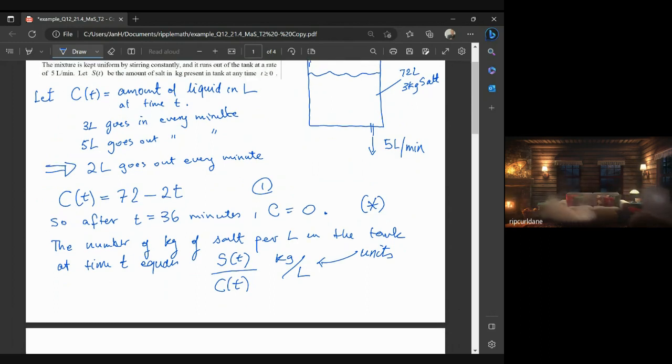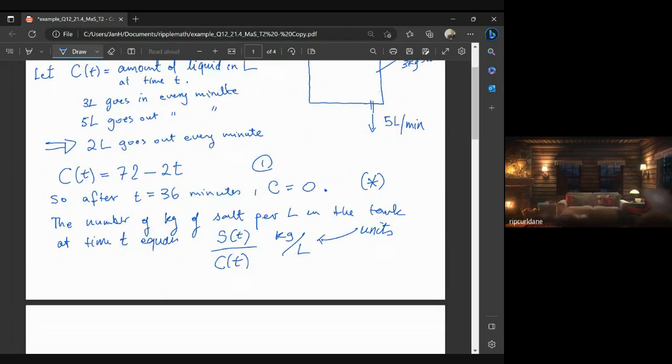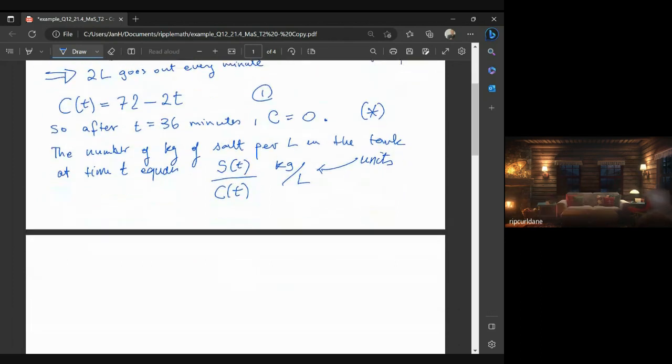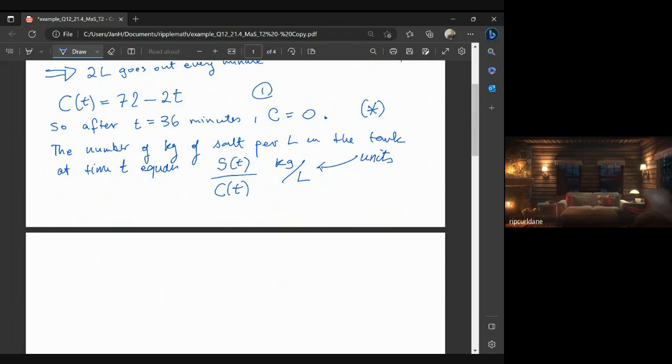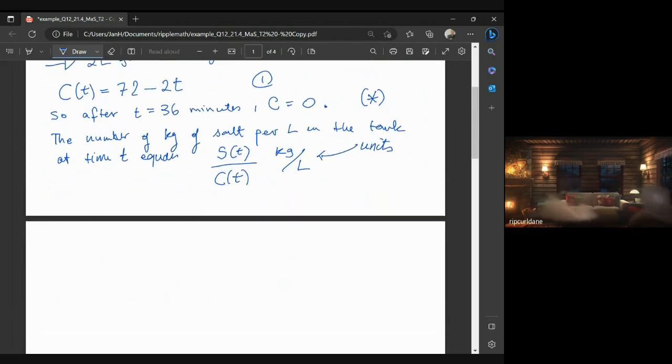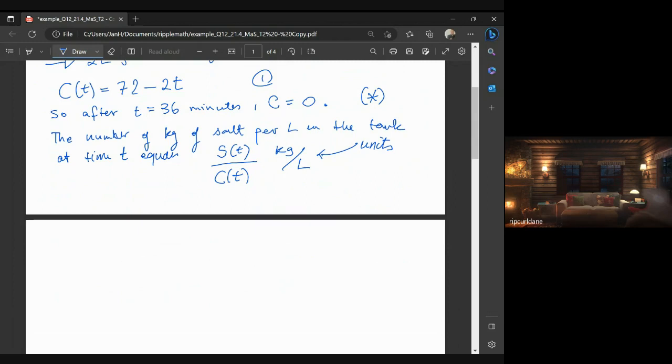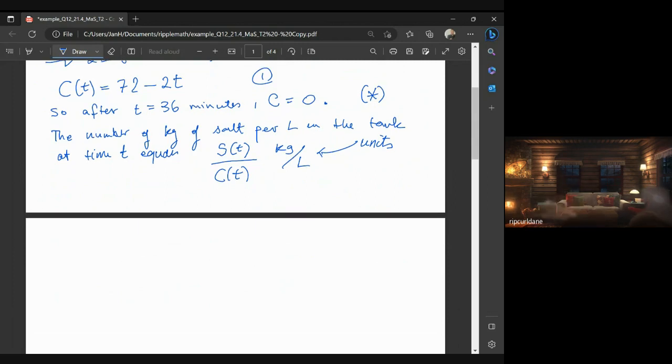So we're getting close. We know the concentration at time t of the salt in the water. So we can work out how much salt leaves the system per minute.